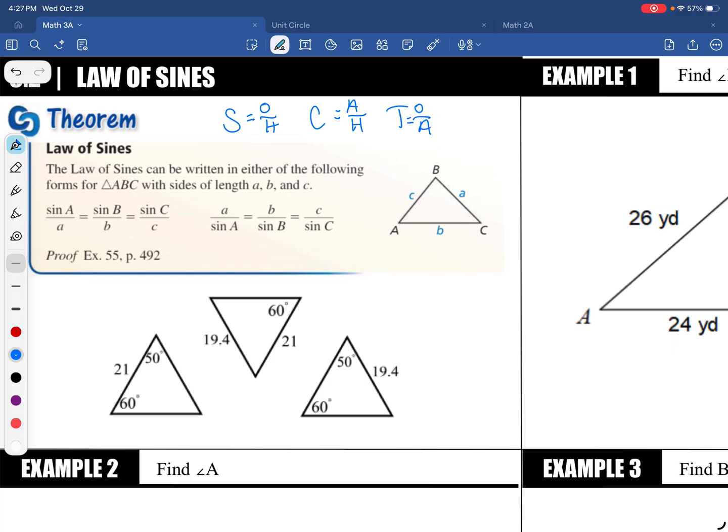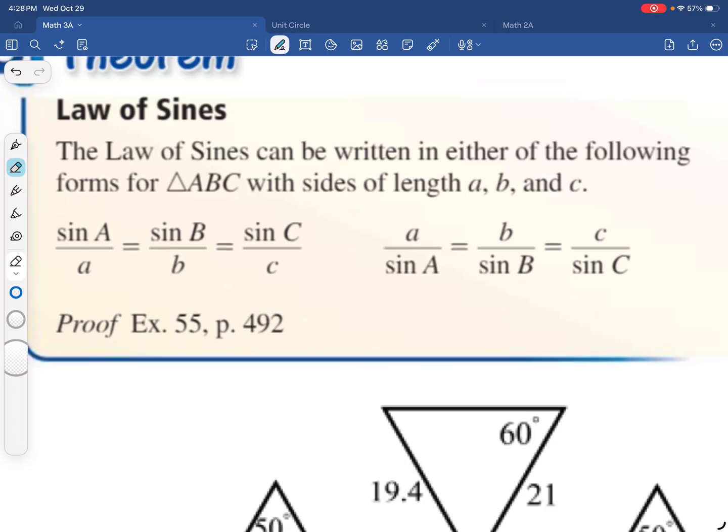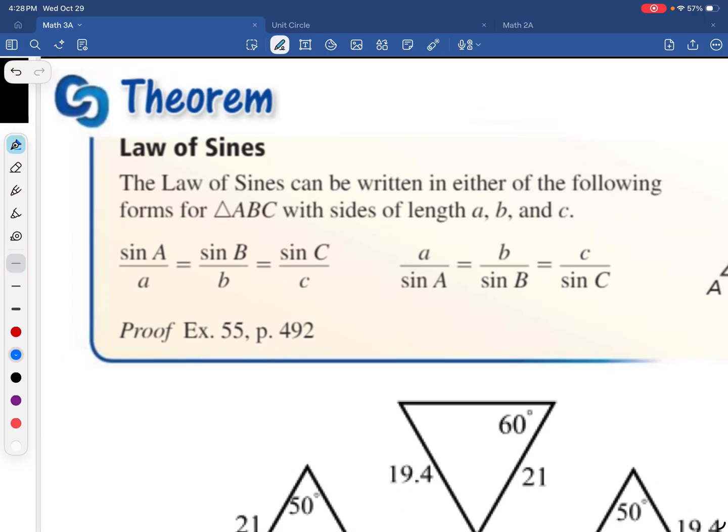But we're not going to be able to do that because now we don't have a hypotenuse in our problem. So we can't use those same ideas. But law of sines lets us use these formulas without having a hypotenuse. So it just opens up what we can use trig for.